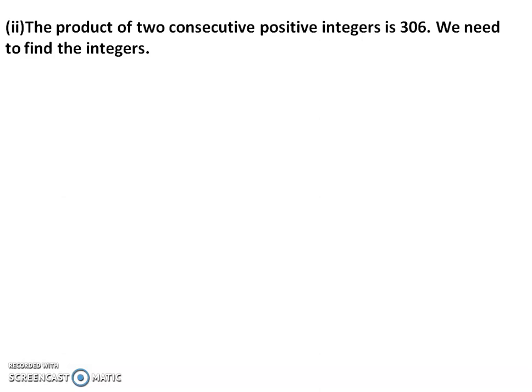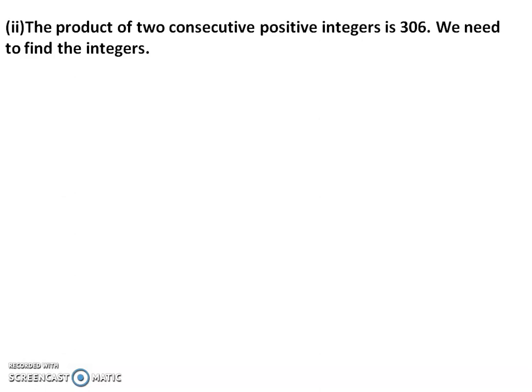Students, from standard 8 you are learning how to take consecutive integers as variables. It is x, x plus 1, x plus 2, x plus 3, and so on. Here you are talking about only two consecutive positive integers. So the first number you can take as x.